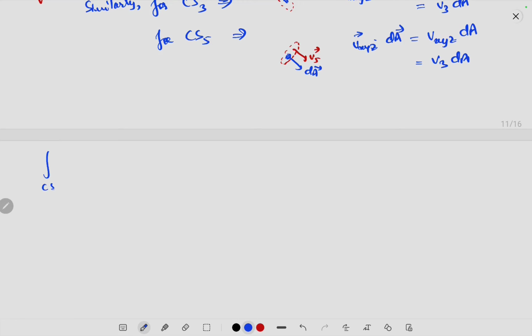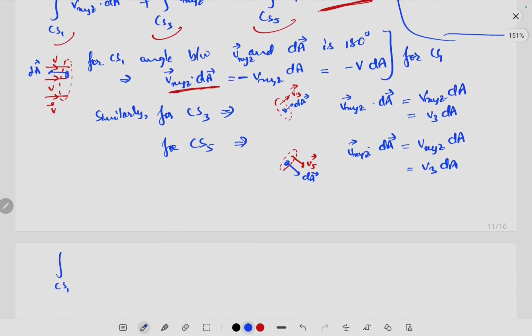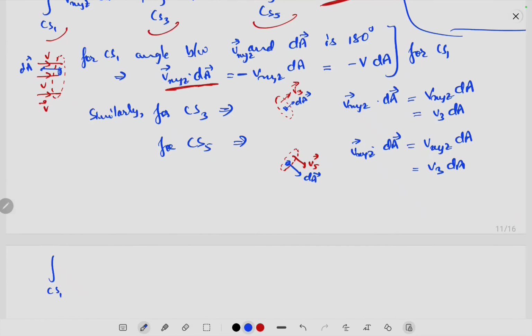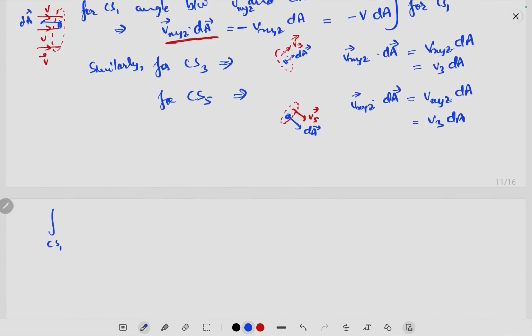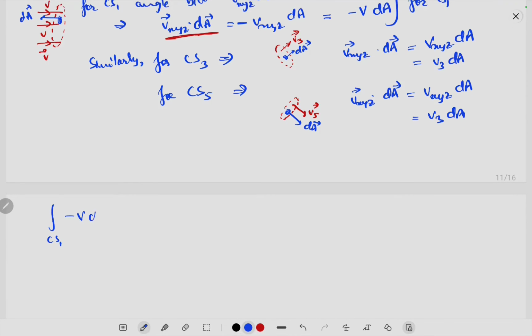Now it is CS1 minus V dA plus CS3 V dA plus CS5 V dA equal to 0. Sorry, this is V1, this is V3 and this is V5.